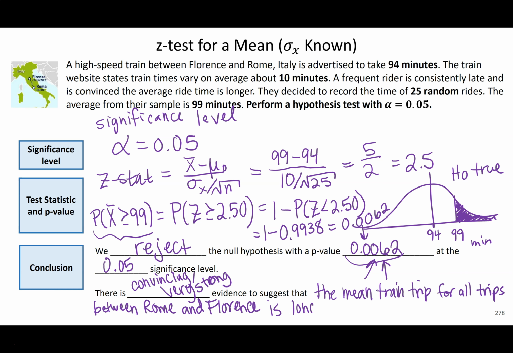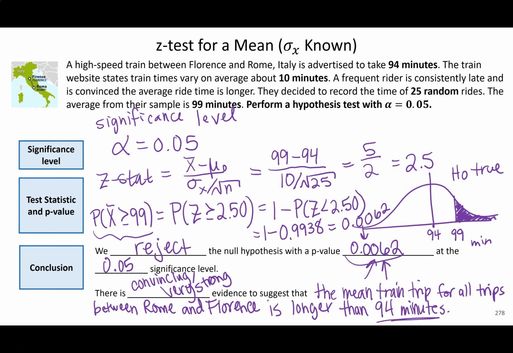Either one is fine, but longer than 94 minutes. You can add more, like saying it's longer than the advertised 94 minutes, but it needs to have that 94-minute value in there.